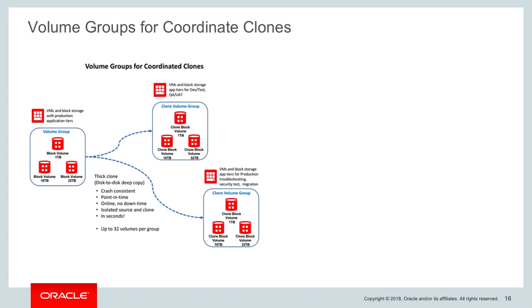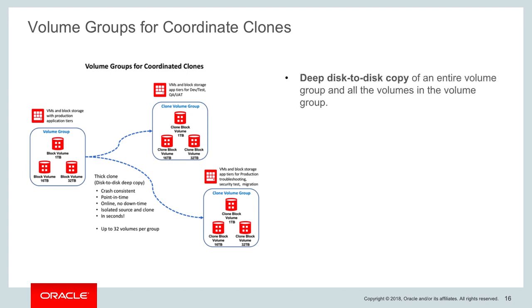And then when you have a clone volume group, you can actually use that clone to put in a new set of virtual machines as well, and a new set of applications. So that does a deep disk to disk copy of the entire volume group and all the volumes on that volume group, right? So deep disk copy.